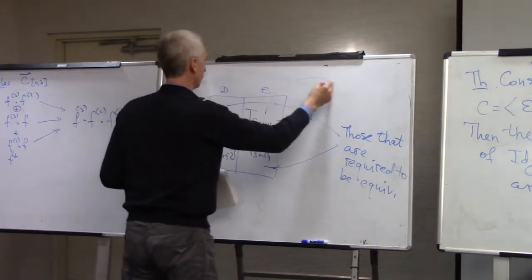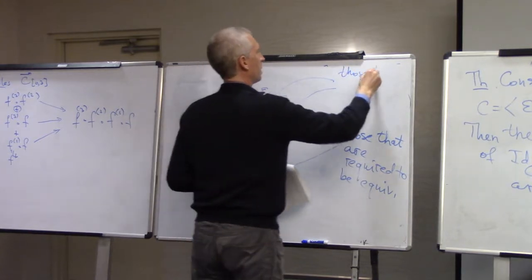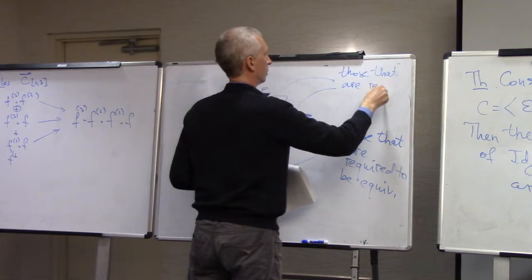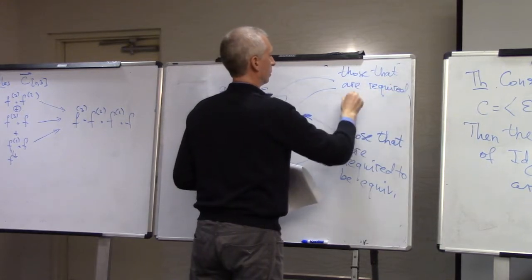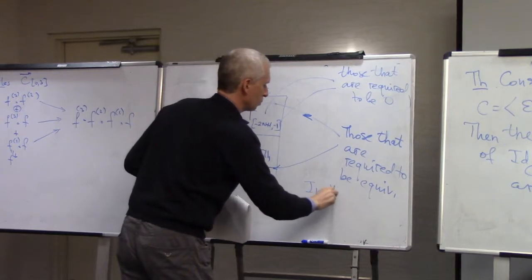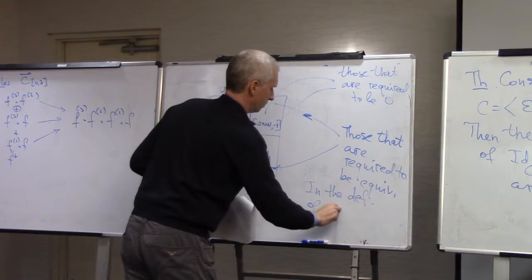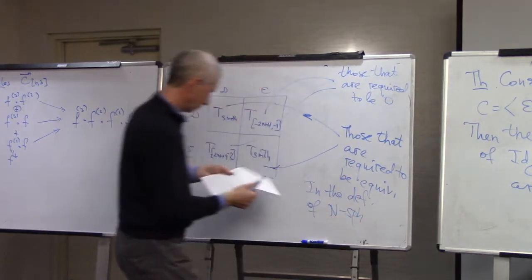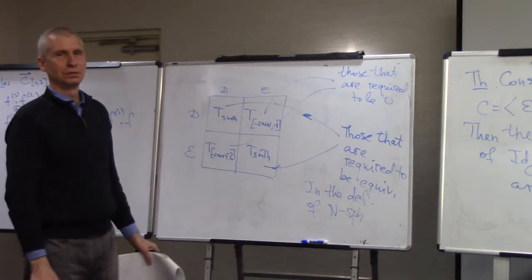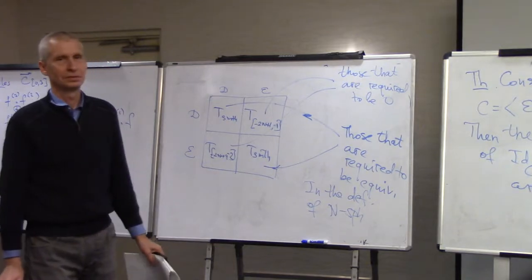And those two, those that are required to be zero in the definition of n-spherical functor. I'm sorry, these total complexes are total complexes for the functor f.